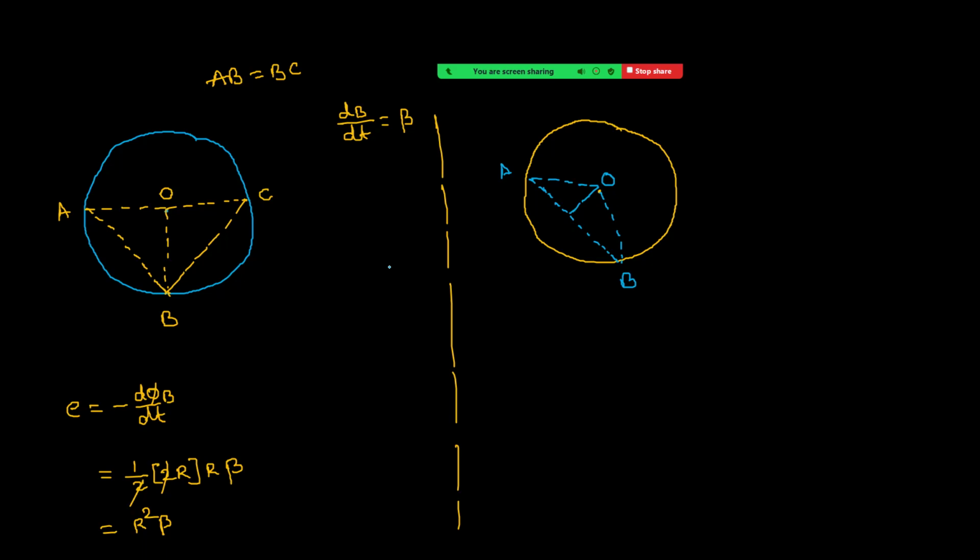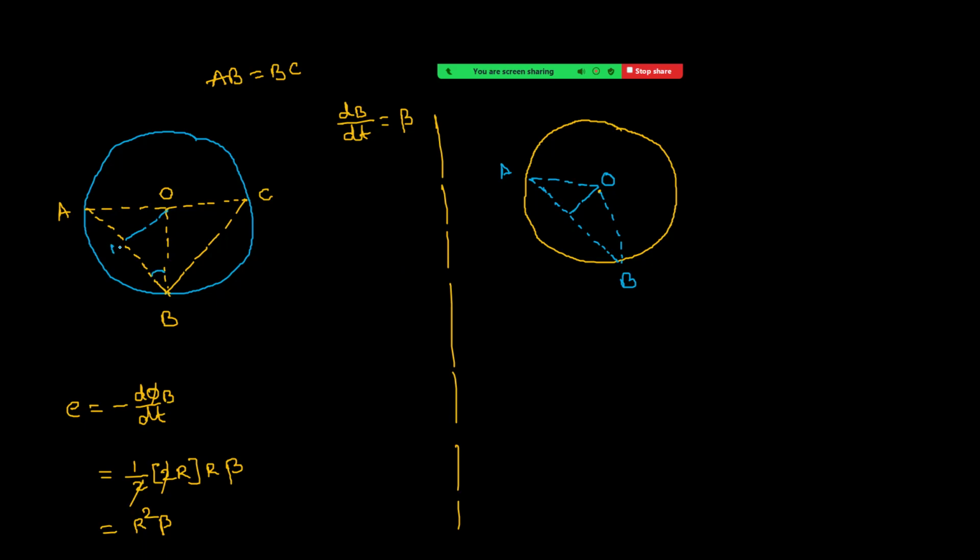Let us see whether we can use any result from here. I am drawing one normal line from O to AB. In this, OA and OB are both equal to R, so this angle is 45 degrees.